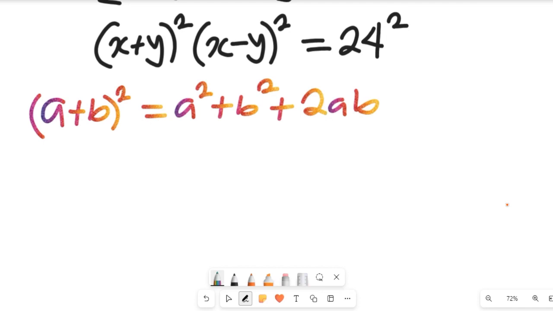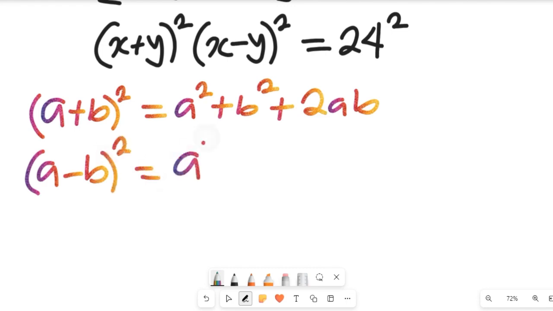What if it is negative? Then a minus b all squared becomes a squared plus b squared minus 2ab. Great. Now let's apply that to that expression.